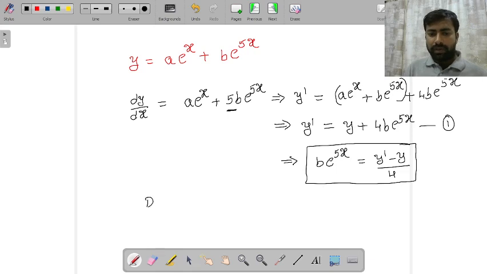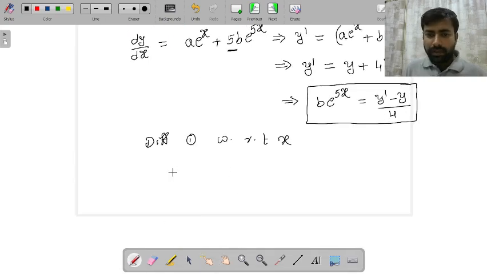So if you differentiate 1 with respect to x, we obtain y second derivative equal to y prime plus derivative of e power 5x, you know, that is 5 into e power 5x. So you have 4b into 5 into e power 5x.